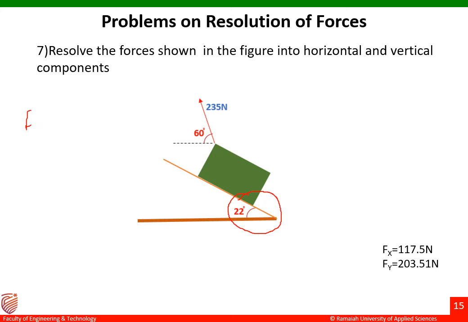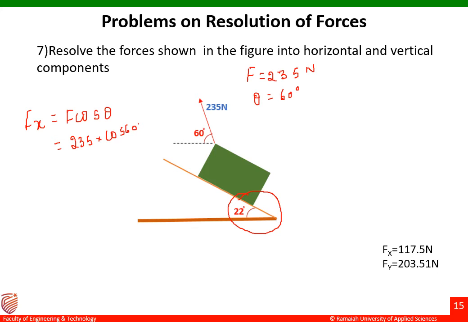Okay, so let me write the formula for the x component. X component is Fx equal to F cos theta there. My value of F is 235 newton, and the value of theta is 60 degrees there. Okay, so these two values I'll substitute in this equation. The value of F is 235 into cos 60 degrees.